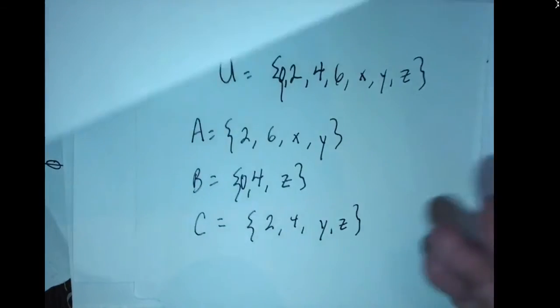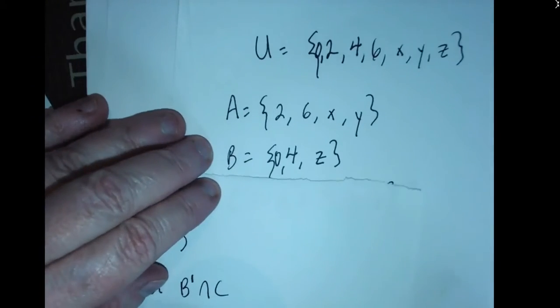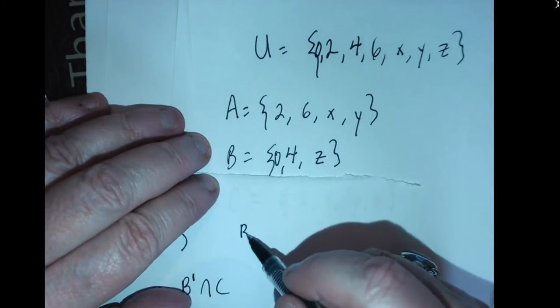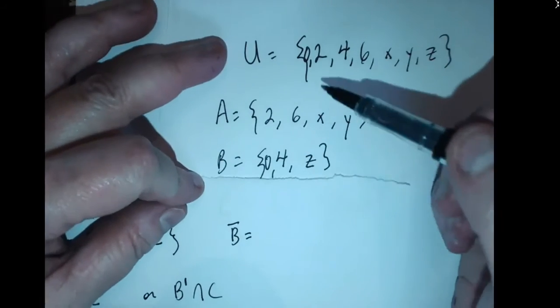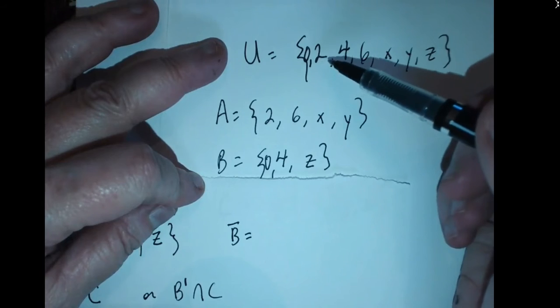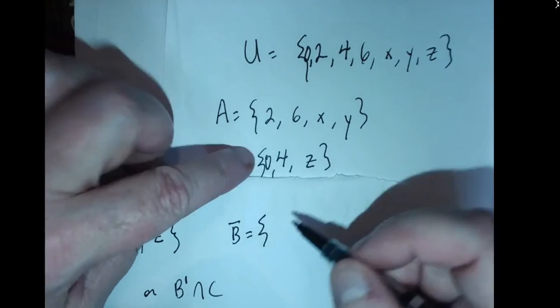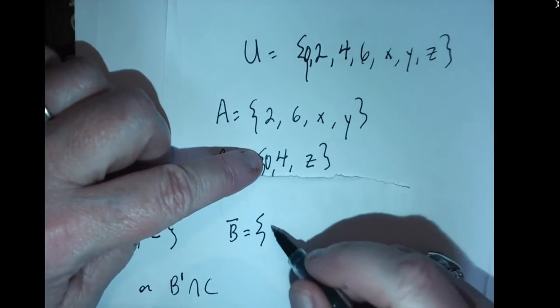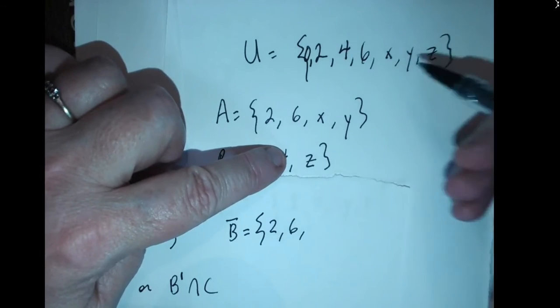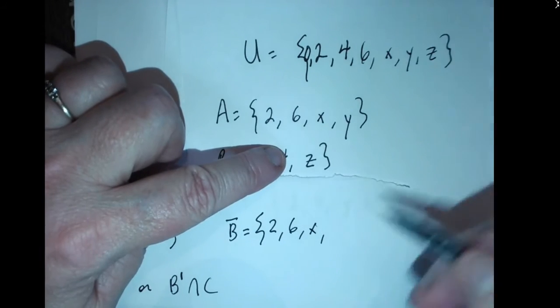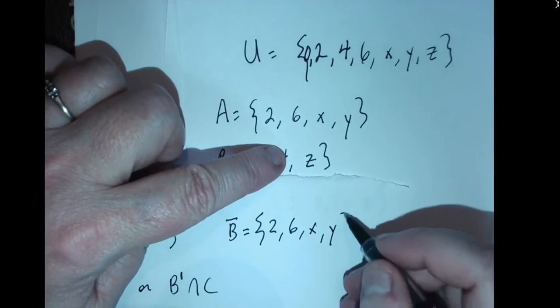So let's find out what the complement of B is. All right, so I want the stuff in the universal set that's not in B. So I can see 2 is not in B, 6 is not in B, X is not in B, and Y is not in B.